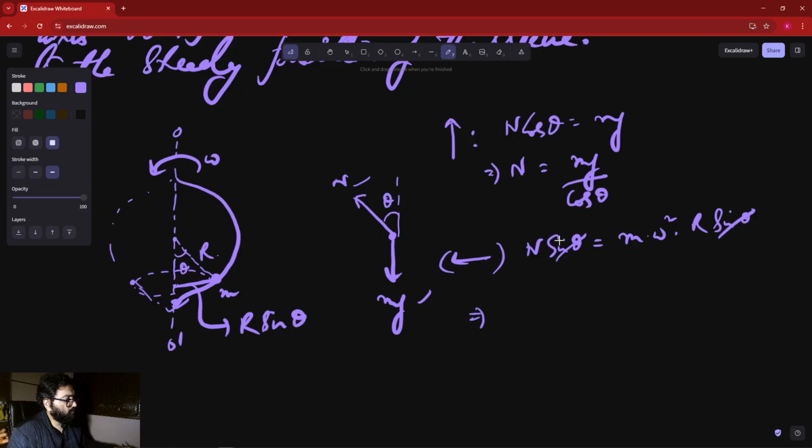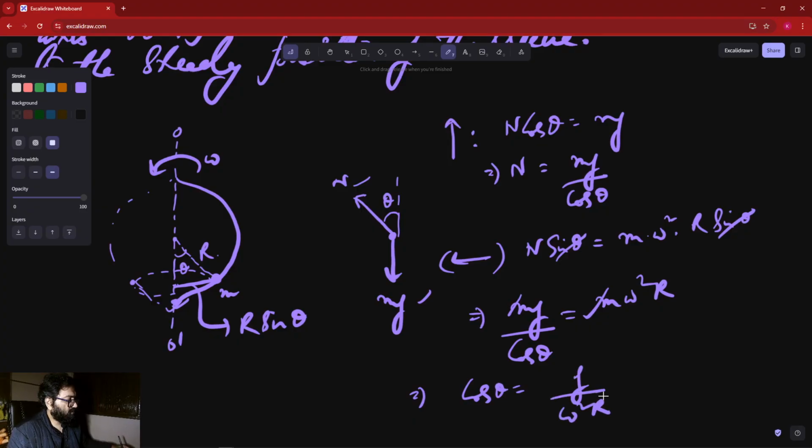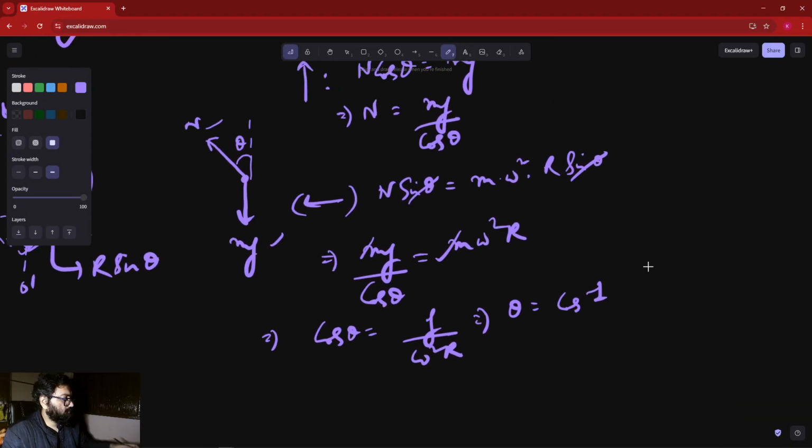N was equal to mg by cos theta, right? So I put in that value: mg by cos theta is equal to m omega square r. m gets cancelled. I get cos theta as g by omega square r, which gives me theta as cos inverse of g by omega square r.